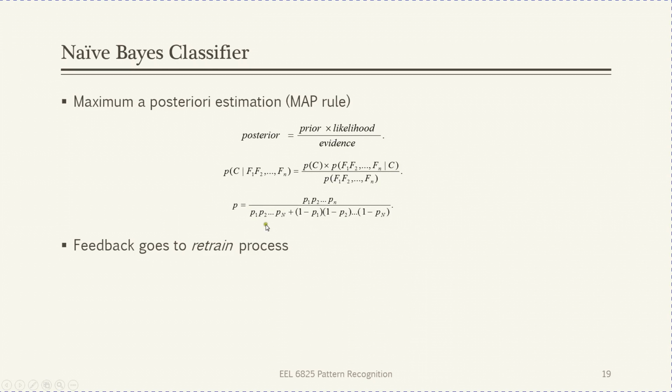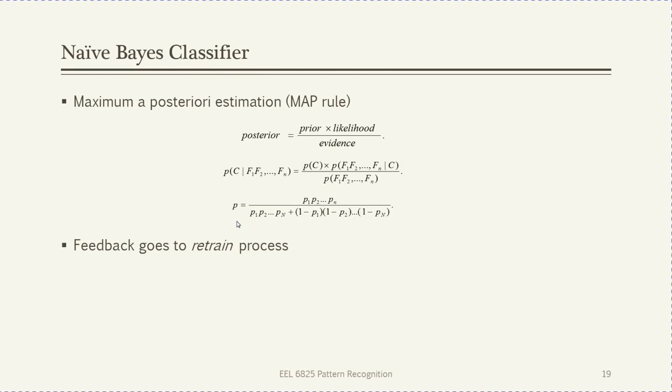And decisions will be made if this P is over 90 or 95%, which means it is pretty sure that this belongs to a certain category.